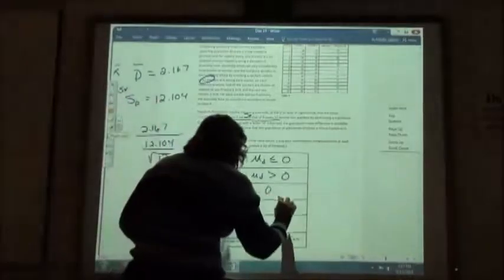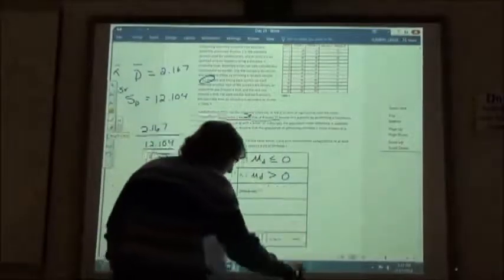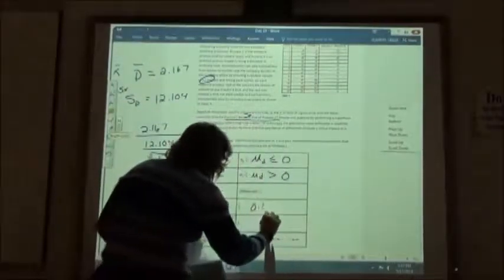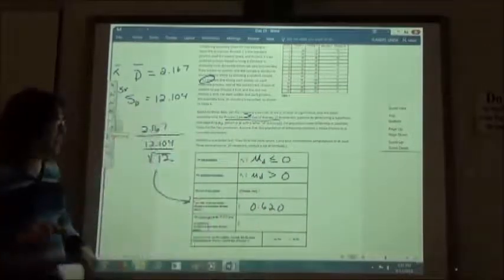So when we divide that out, 2.167 divided by 12.104 divided by the square root of 12 gives 0.620. I skipped over the type of test statistic.